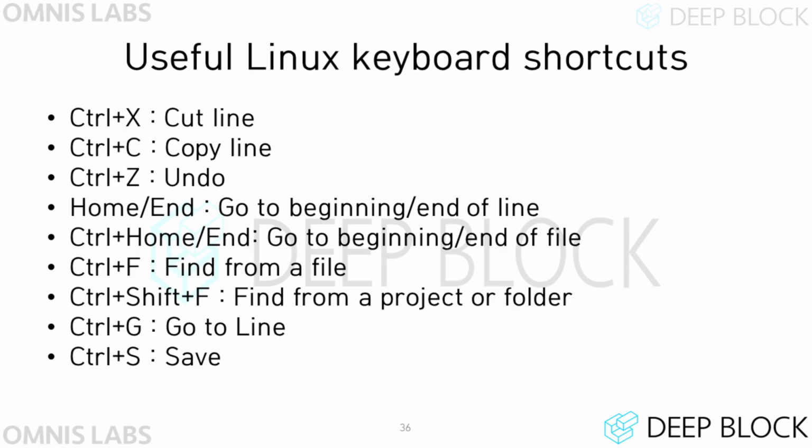Ctrl-F is used to find text in the current file. Ctrl-Shift-F is used to find specific text in the folder the current file exists in, or in all files in the currently open project. Ctrl-G is used to jump to a specific line in the currently open file. Ctrl-S saves the file you're currently working on.